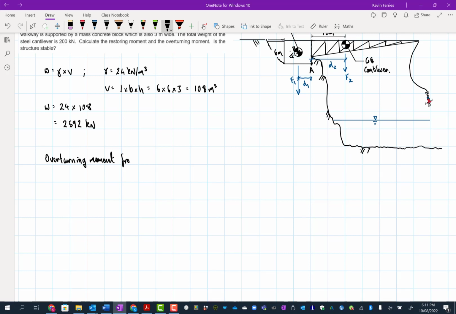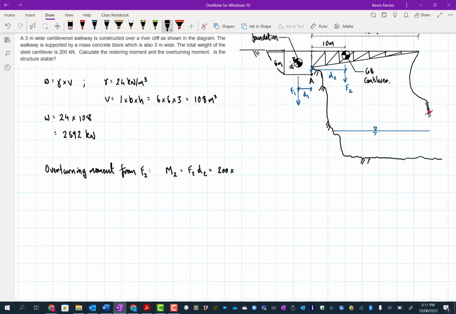It's F2 that's got the overturning moment, so from F2, let's just write that out. M2 is equal to force times lever arm, which is equal to 200 times the lever arm, which is 10 meters, it gave us that. So that is 2,000 kilonewton meters.